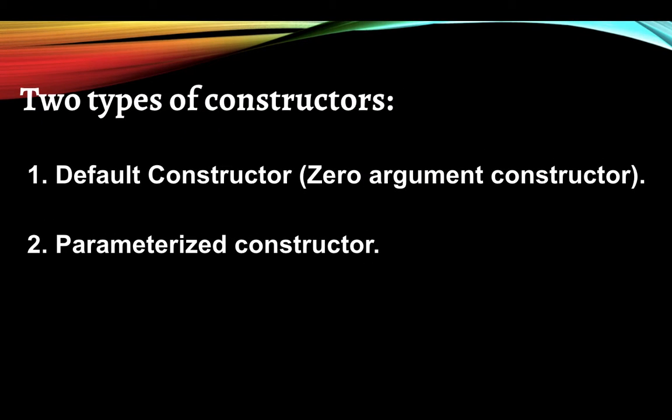Next, two types of constructors. Basically, in constructors, two types are there. The first is the default constructor or zero argument constructor, and the second is the parameterized constructor. We'll go one by one.